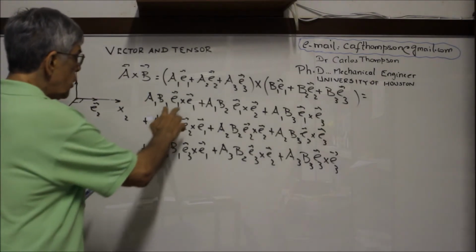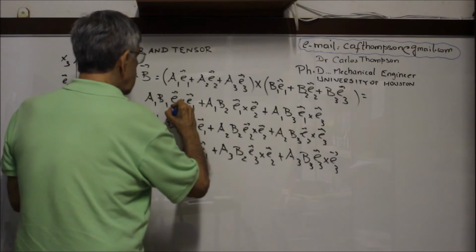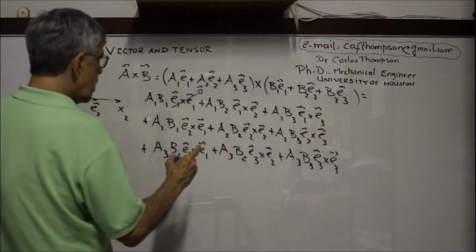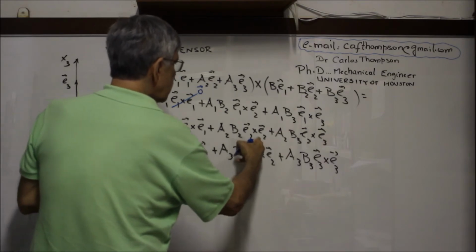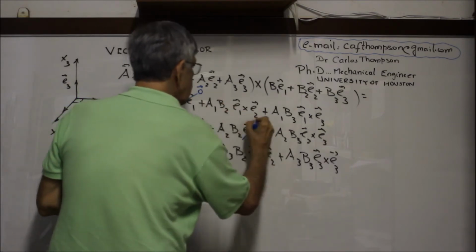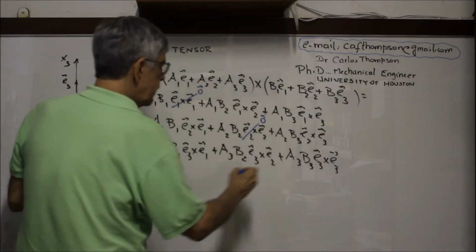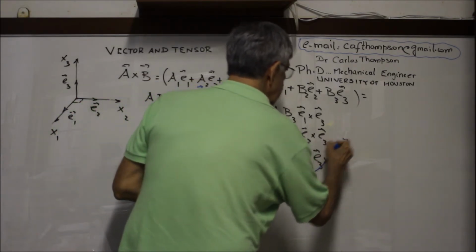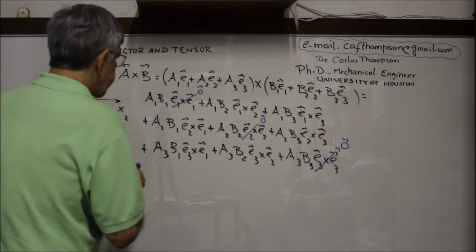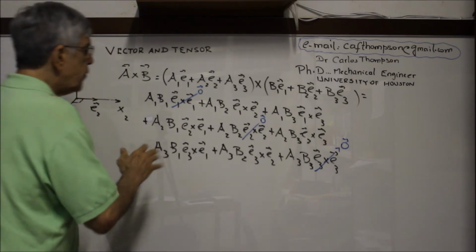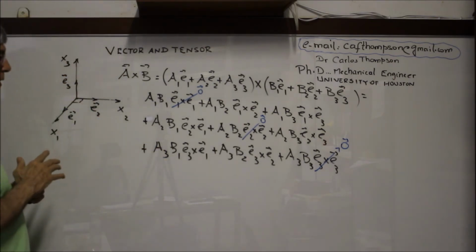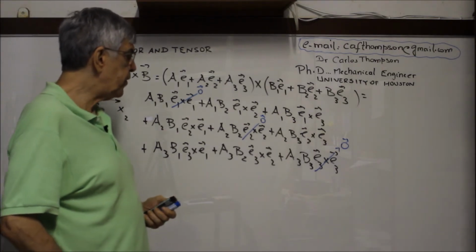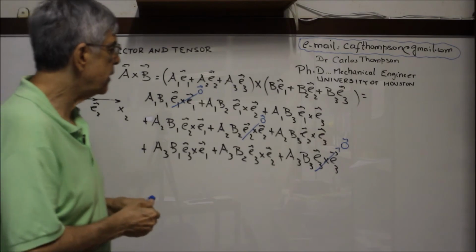Now, E1 cross E1 is vector 0. E2 cross E2 will be vector 0. And E3 cross E3 is vector 0. Now, I'll give you a hint, just for you to figure out quickly.